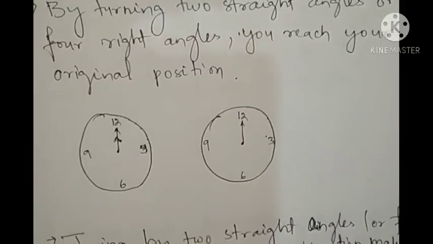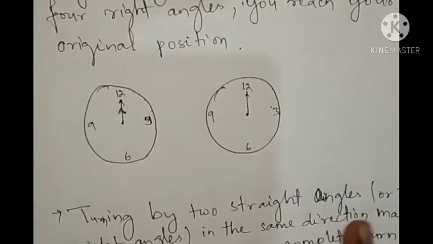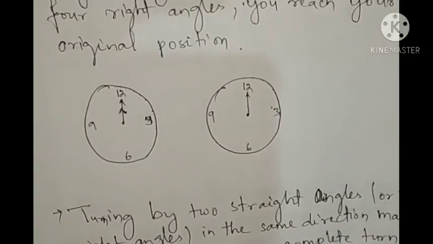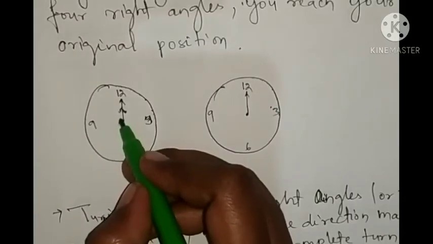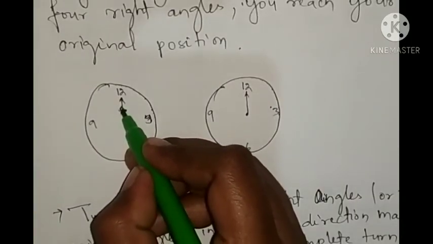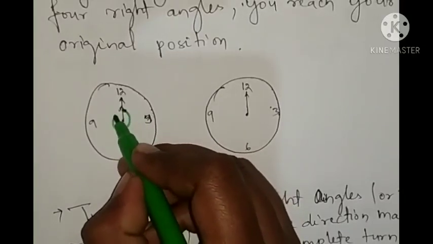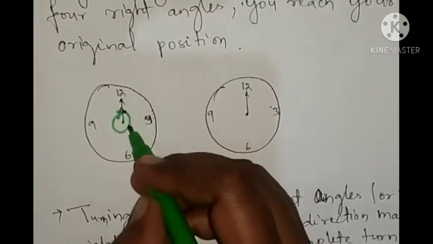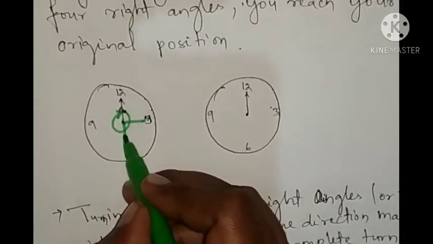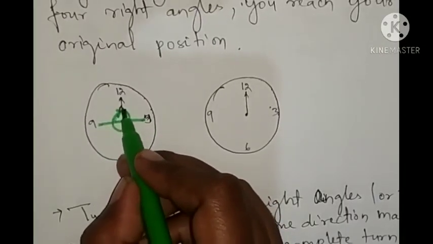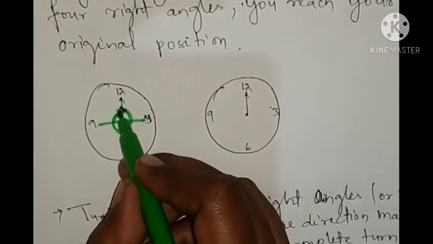Okay, so here you can say turning by two straight angles or four right angles in the same direction makes a full turn. If you are starting from here and coming to this, it means here one right angle, second right angle, third right angle, then fourth right angle, or here one straight angle, then second straight angle.